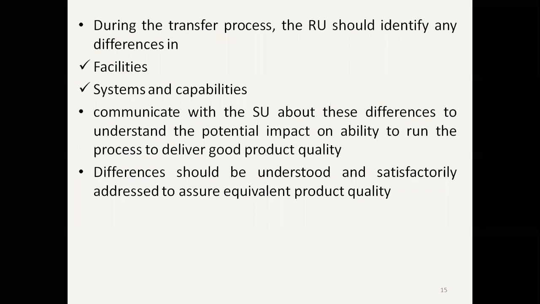Say they may be lacking some instruments or have some temperature related issue, so the RU should communicate it with the SU, and they say that it is okay or we have to modify that to get a product of good quality. And there must be this difference related to the facilities or system and capabilities. So it must be communicated, and that difference should be understood and satisfactorily addressed.